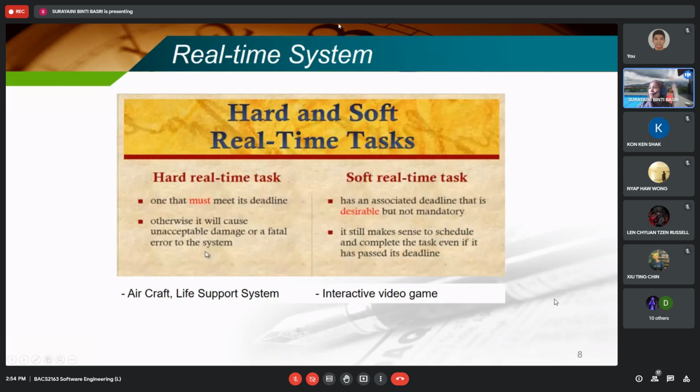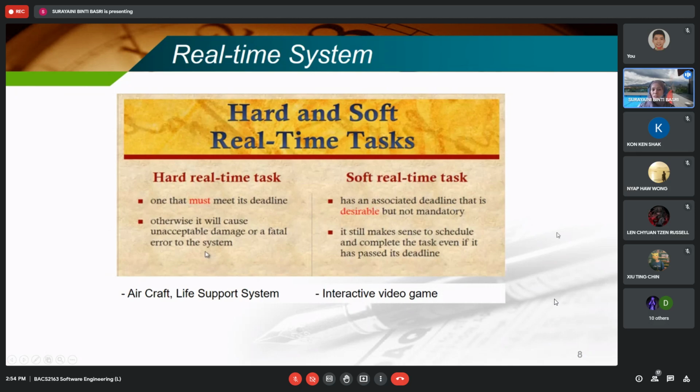Okay, so these are the comparisons between hard real-time and soft real-time systems. For a hard real-time task or system, the system must meet its deadline, meaning here it is compulsory. For the soft real-time system, it has an associated deadline that is desirable but not mandatory.